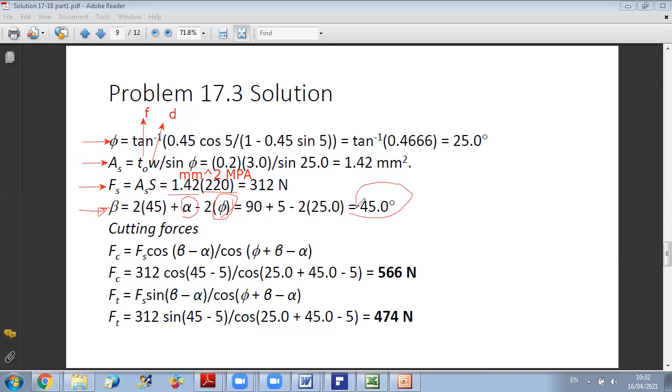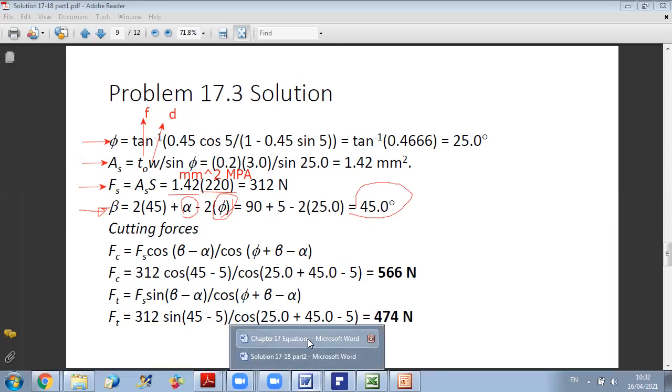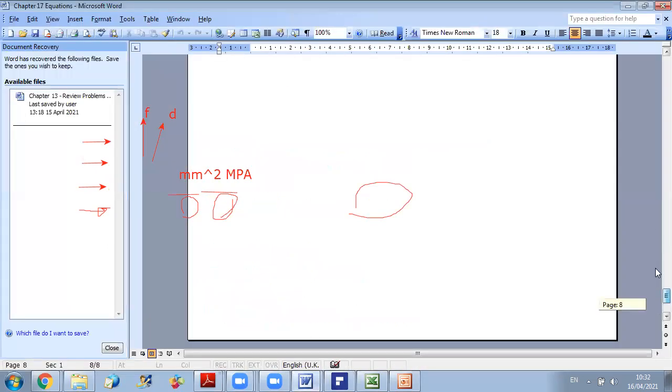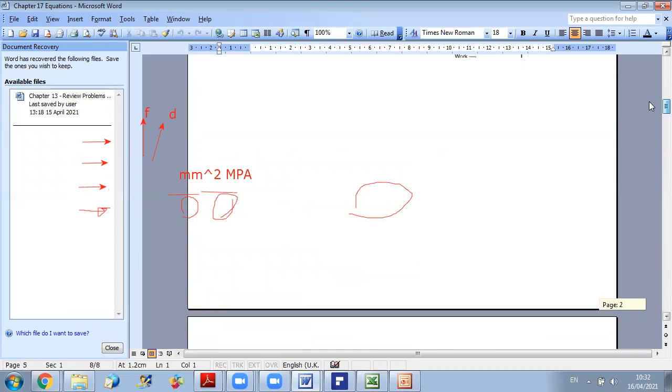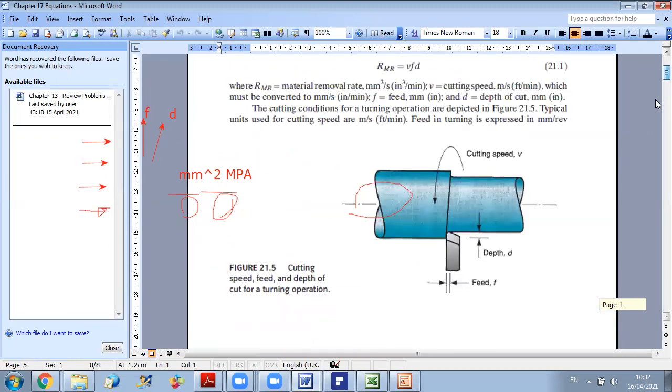And now, if you remember in chapter 17, the equations are not on the formula sheet at first, but you have them here in the equations. You can see them. I will go back. We have seen them last time.